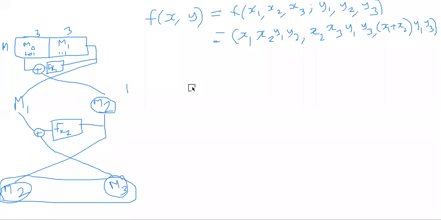So what is the first equation we'll have? Remember, I said this is C1, C2, C3 here, right? This is what I'm seeing on the wire, 6 bits. And this is C4, C5, C6. These are individual bits.